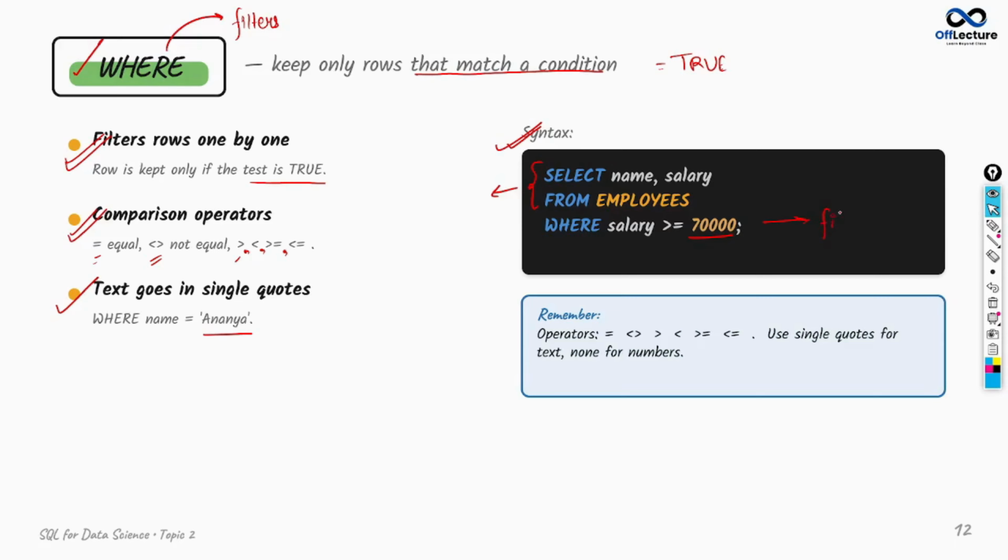This is our filter condition which needs to be satisfied, so that we get the result only based on the condition if it is true, that is where salary is greater than equals to 70,000. Okay, and remember this, that operators equals to, not equals to, greater than, less than, greater than equals to, less than equals to, and you have to use single quotes for text and none for numbers.